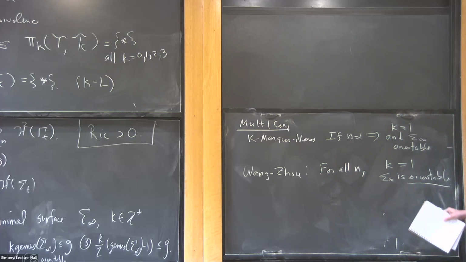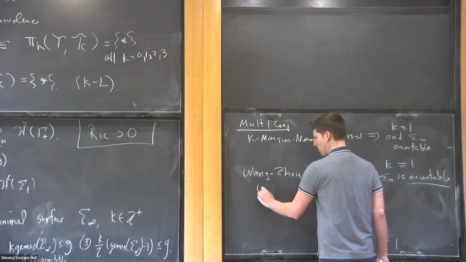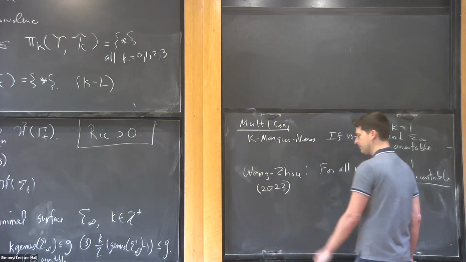Basically, if it's not orientable, it has to occur with multiplicity 2. So this is a big geometric advance. This was done maybe a year or two ago, 2023, I think.